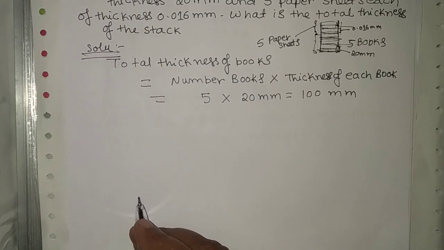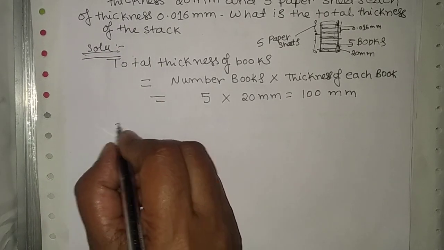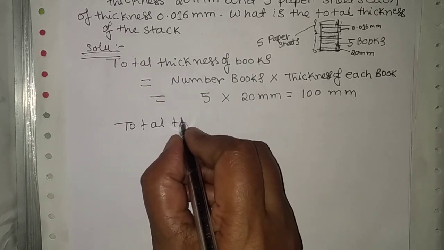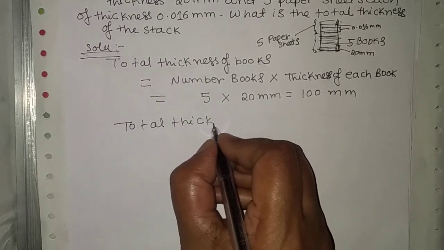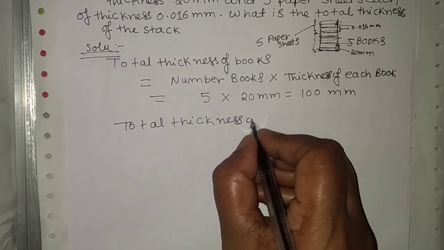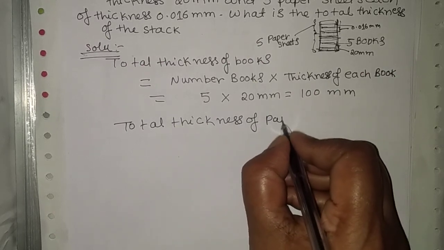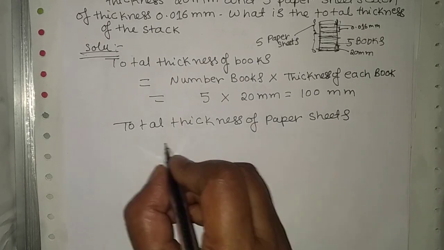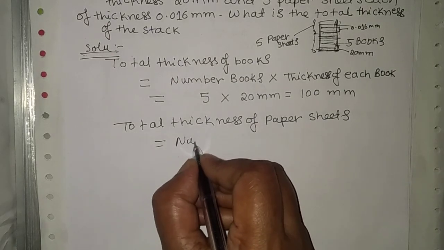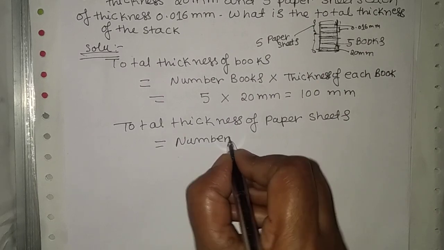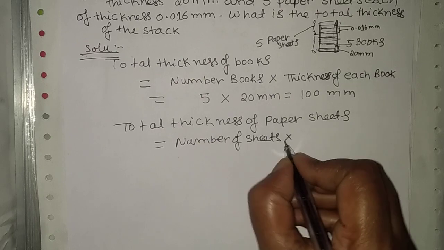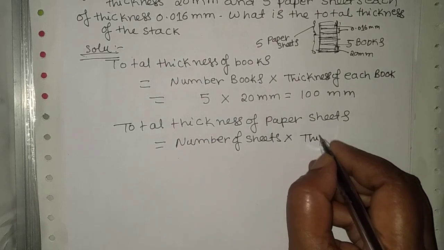Next is the total thickness of the paper sheets. Same thing: number of sheets into thickness of each sheet.